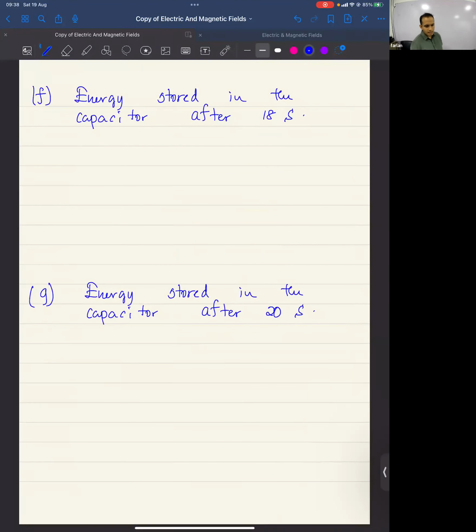Energy stored in the capacitor after 18 seconds. Part G, energy stored in the capacitor after 20 seconds. Give it a try. I'll give you 3 minutes.